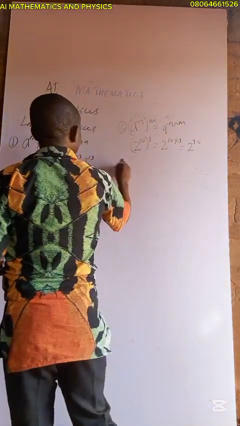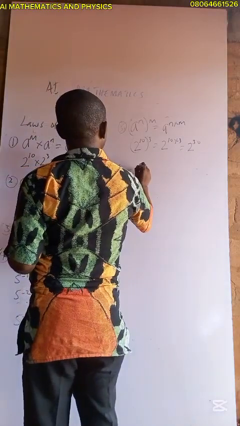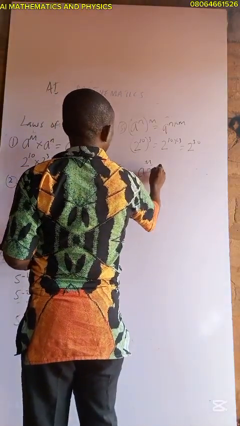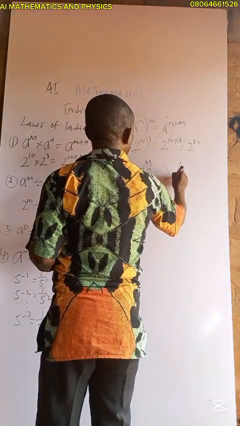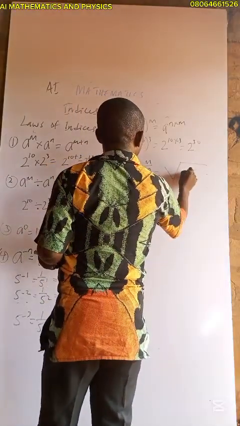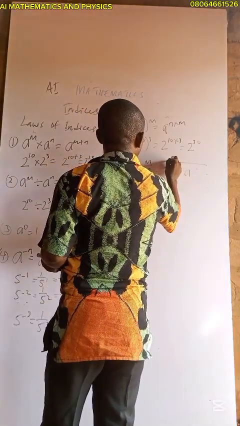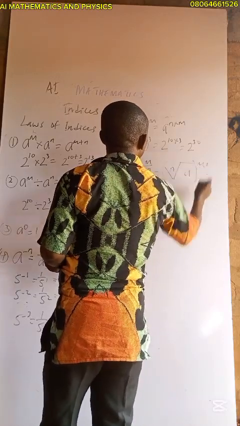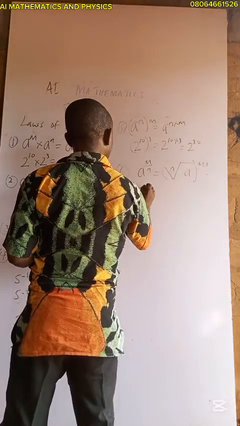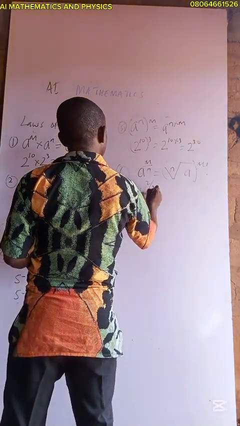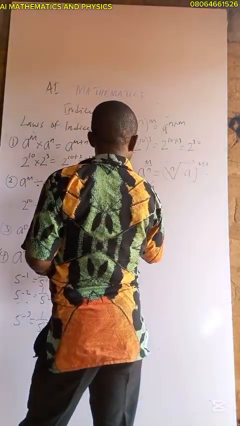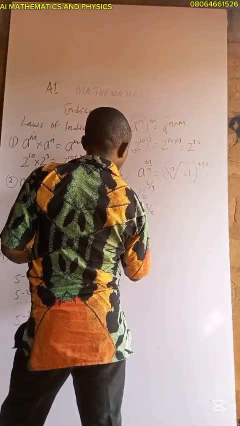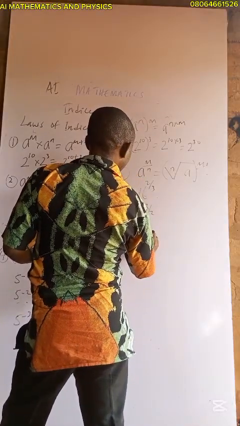Rule 6 now. We have a raised power m over n, the same thing as you introduce this root sign. A will be here, n will be here, and m will be here. That is, let's say we have 16 raised power 2 over 3, 16 raised power 3 over 2, 16 raised power 4 over 5.